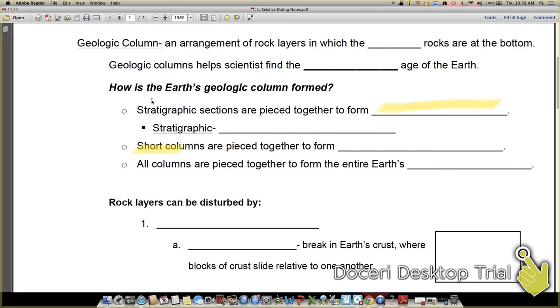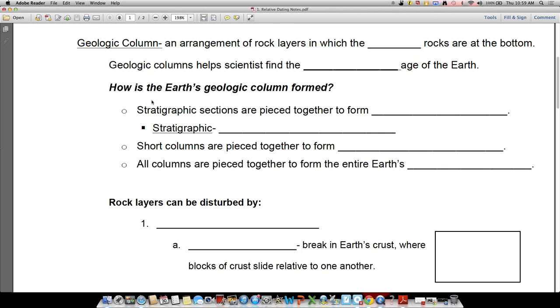Then those short columns are pieced together to form longer columns. Remember, the question is asking, how are geologic columns formed? We got little ones, then bigger ones, and then all the columns are pieced together to form Earth's geologic columns. Short columns to long columns to geologic columns.